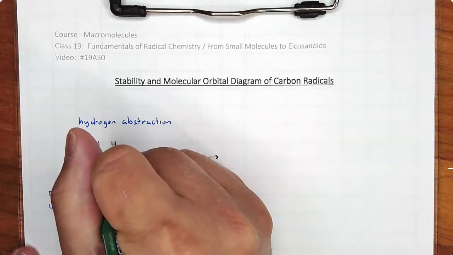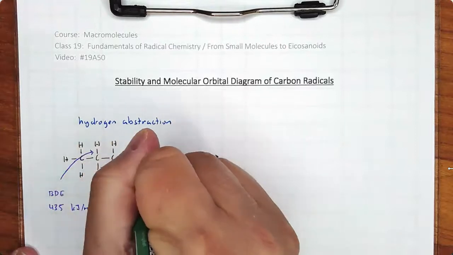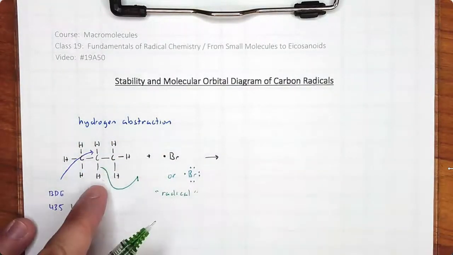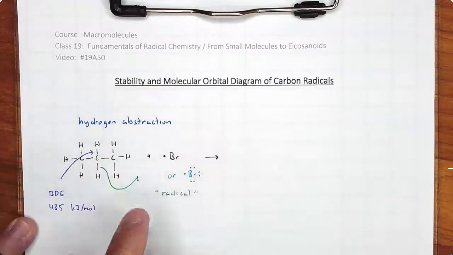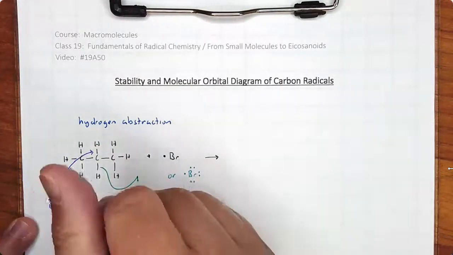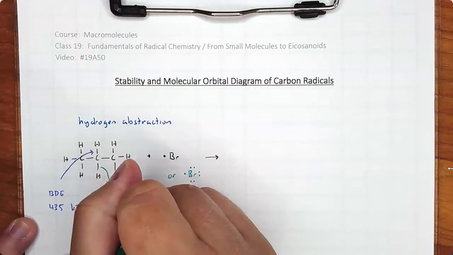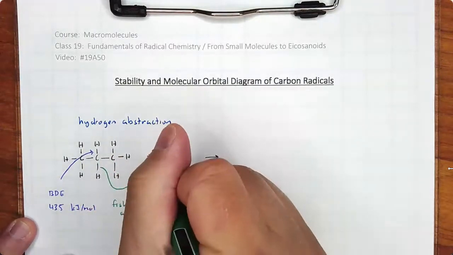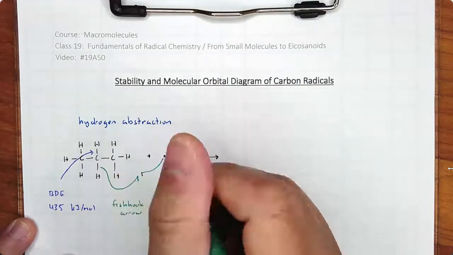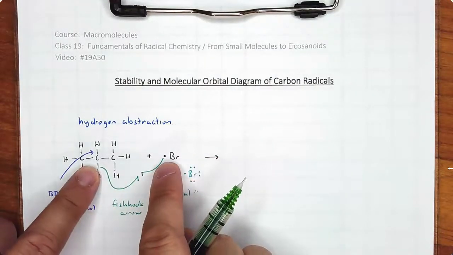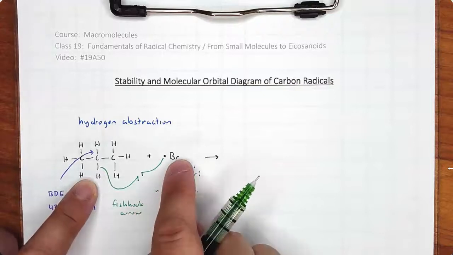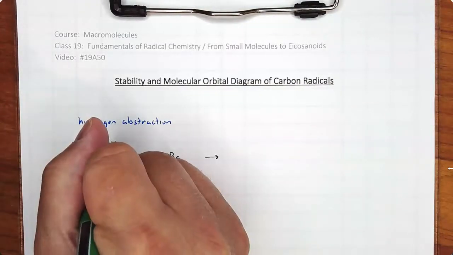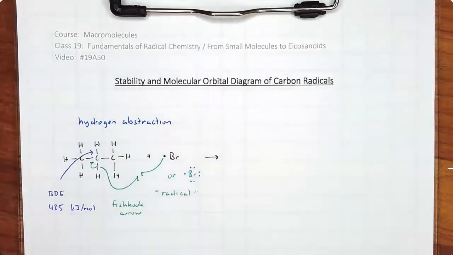You're going to start from the middle of the bond, and you're going to take one of its electrons. So if you take one of its electrons from the bond, you're not using a full arrow, you're using a barbed arrow, or many people just call this a fishhook arrow. And I like to say that you meet in space. So those two electrons are going to form a bond between the hydrogen and bromine, but we have a second electron of this sigma bond, and that goes directly onto the carbon.